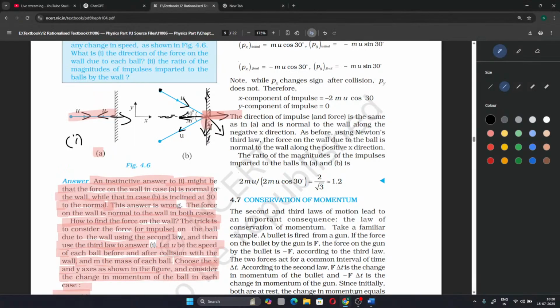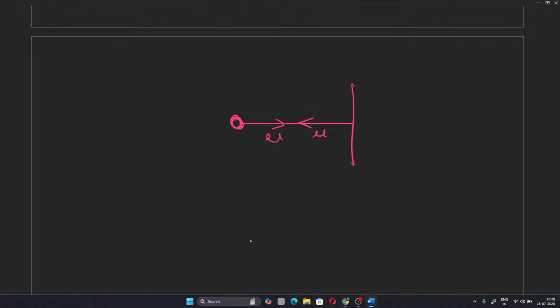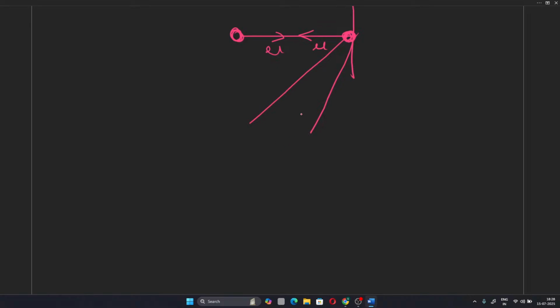This is the force on the ball. In this case, the force on the ball at this position, in an enlarged view, is in this direction. The force is acting in this direction.